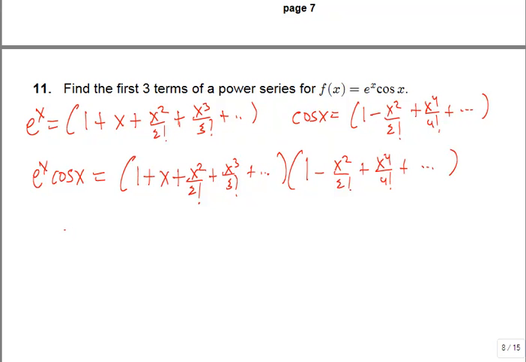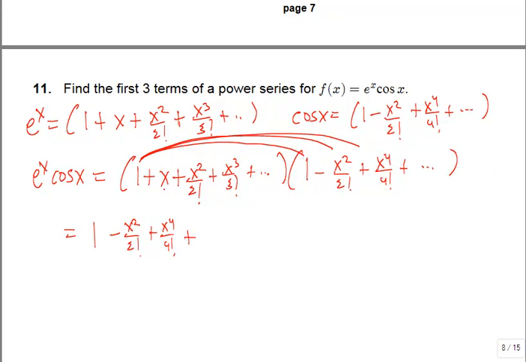So that's what I'm going to do here. So we have to basically do some distributing. I'm going to take this 1 times this 1, times our negative x squared over 2 factorial, and this 1 times x to the 4th over 4 factorial. I'm guessing that my first 3 terms are not going to have a degree higher than x to the 4th, so that's why I'm not going to continue to keep distributing.